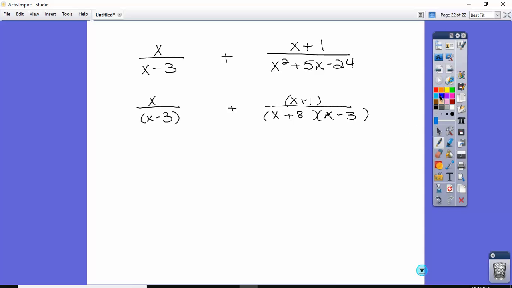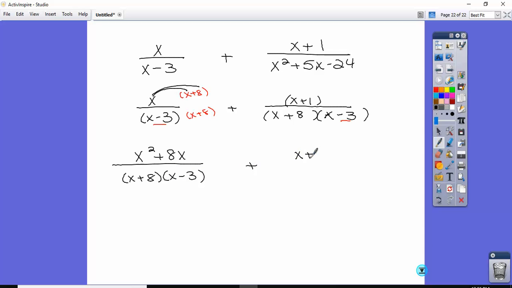Okay. So if I look at this, they both have the x minus 3, so I don't need to do anything special with it. But what am I missing? X plus 8. First one needs x plus 8. Okay, so then we can multiply. Distribute your x. So you get x squared plus 8x over your x plus 8, x minus 3.